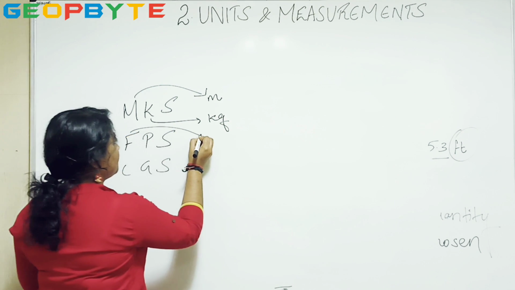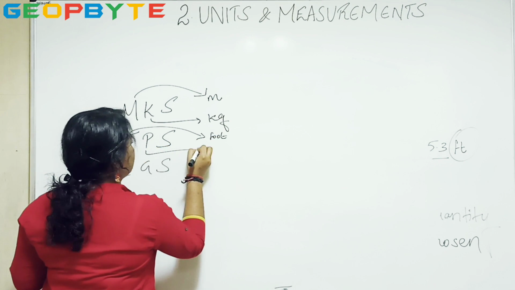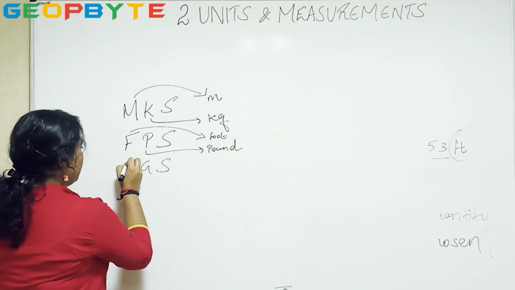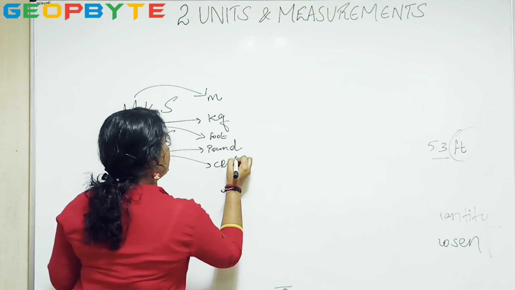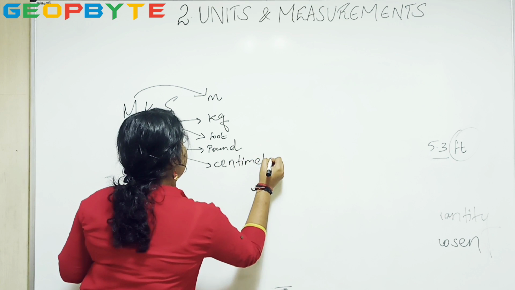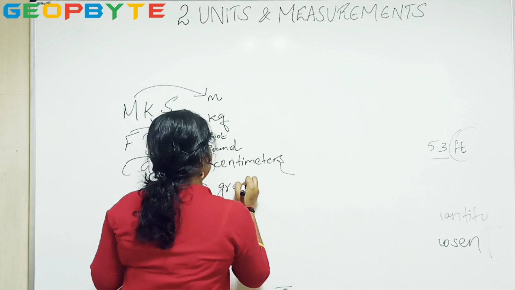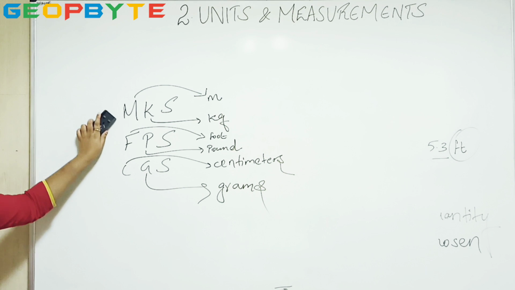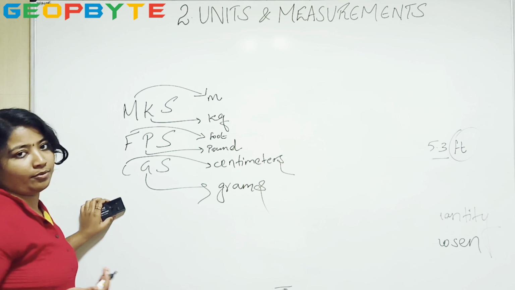In FPS, it's represented in foot, mass in pound. In CGS, length is represented in centimeters and mass represented in grams. So these were the different unit systems which scientists used before.